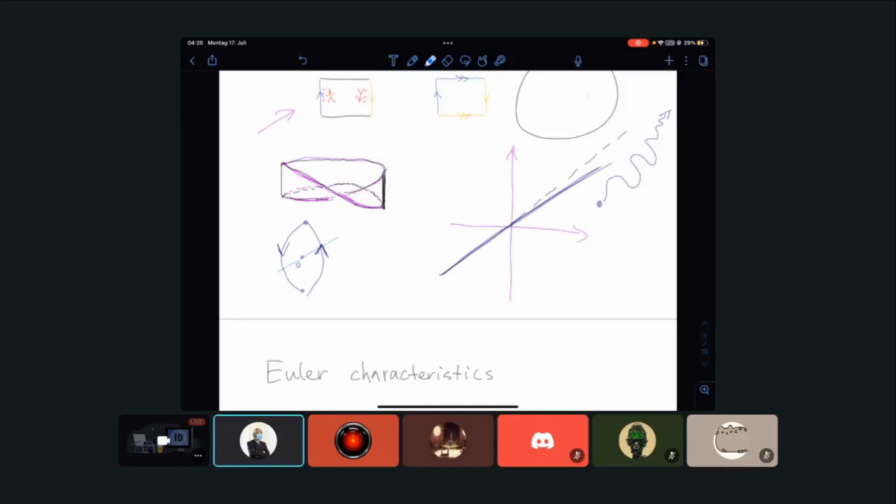The portal is identified in this opposite way. This point is identified with that point. So if you have a particle that goes this way and a particle that goes that way, they end up at the same point. So these two line up together very well. Okay, cool, thank you.